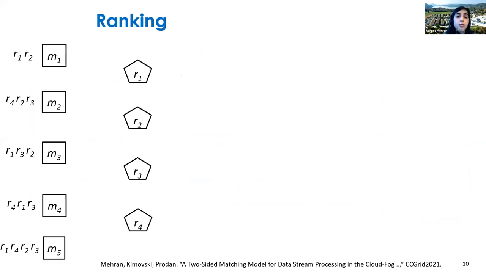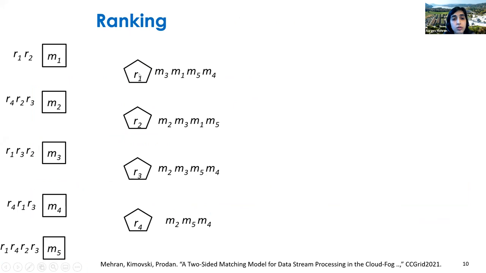So for our model, based on these two application and resource models, firstly, we had ranked each side for the other side. I mean, for example, for the microservices, we have ranked the resources, and also for the resources, we have ranked the microservices. You can see each list next to each one of these microservices and resources.